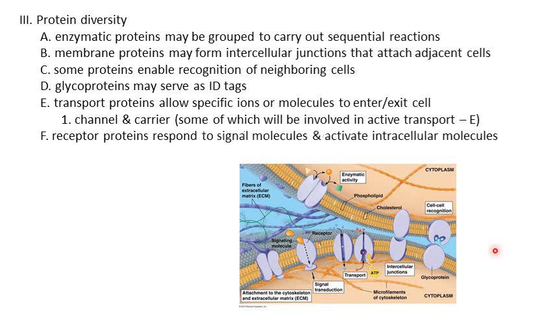Receptor proteins, here is what we're looking at in this area of the membrane, can receive and respond to signal molecules, and that can lead to something called signal transduction, where the signal ultimately can lead to maybe activation of an enzyme or the turning on or turning off of a gene, something like that.